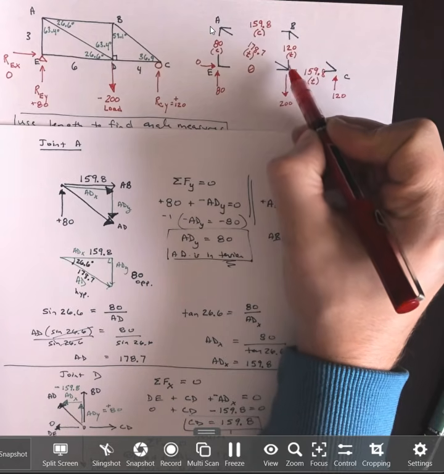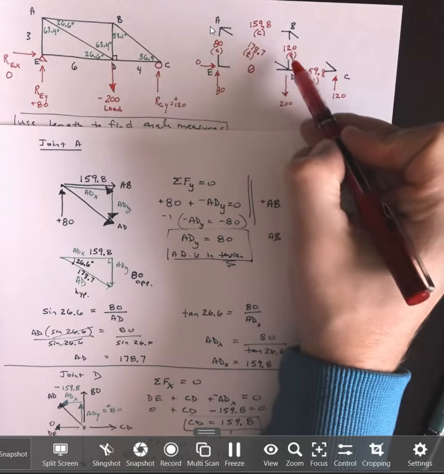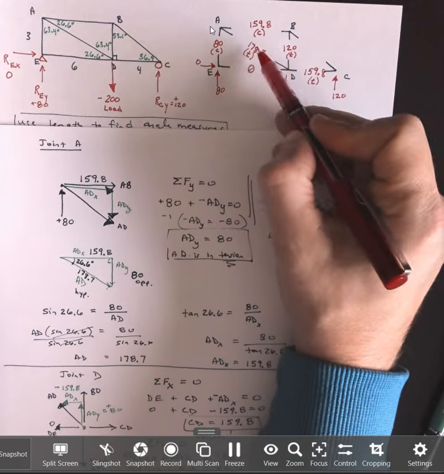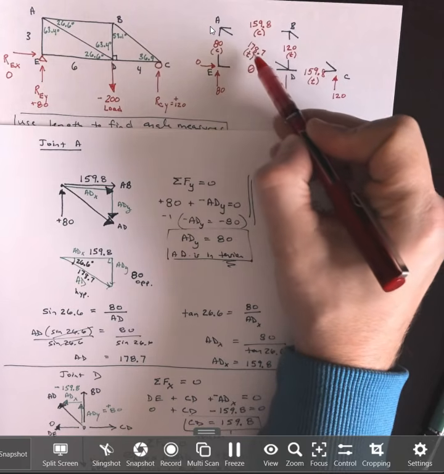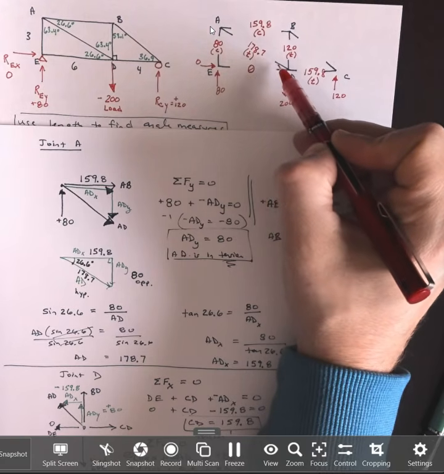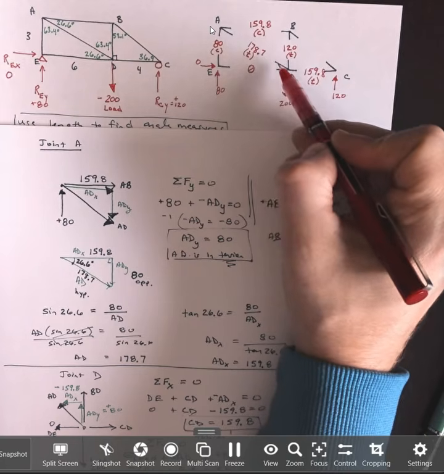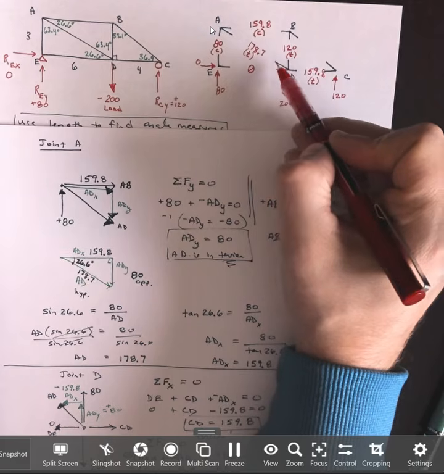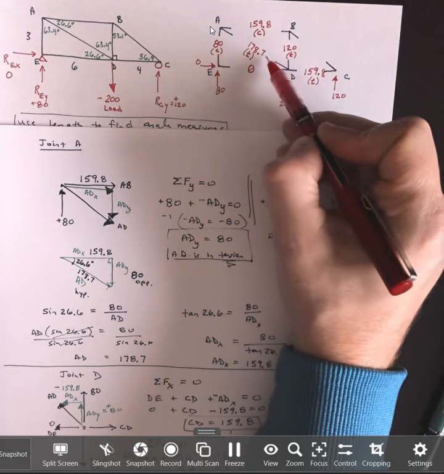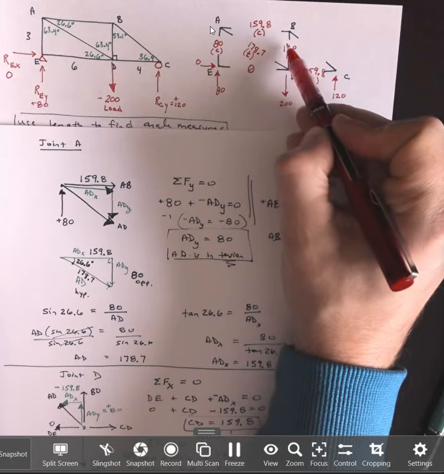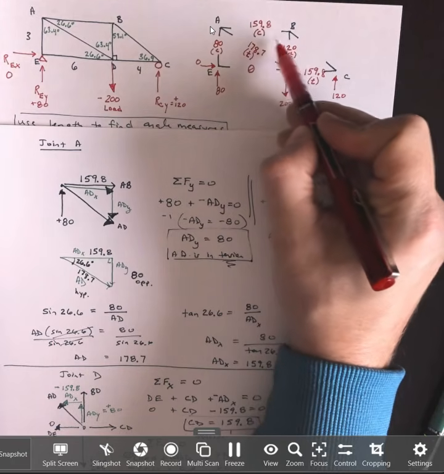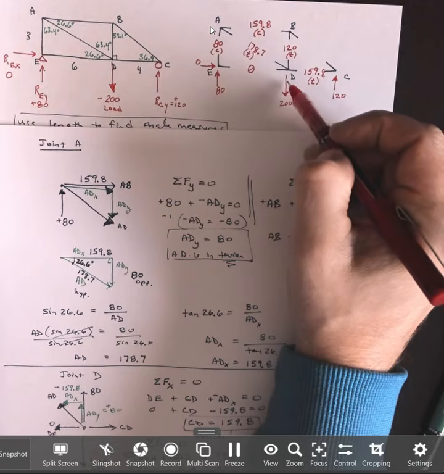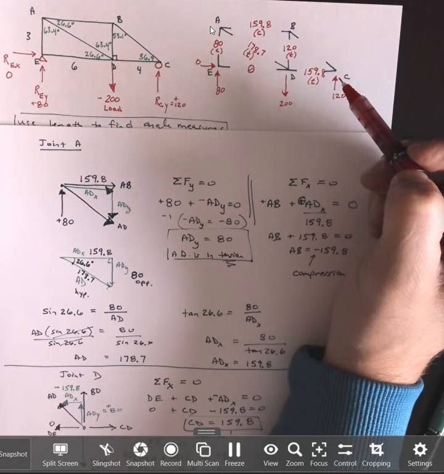You get the 120 pulling back up this way, but that's not enough to balance out the 200. It's the diagonal here that's also, right, that 178.7 of diagonal tension force is providing 80 units of upward force. So the 80 units of upward force built into AD and the 120 make our 200 units of upward force to balance that 200 units of downward force.